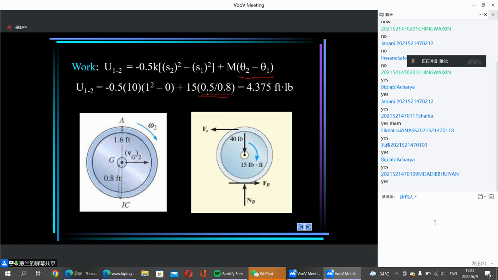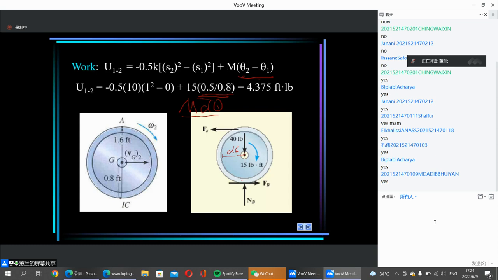I repeat, okay, here if we calculate the work by the moment, because the moment is constant, it will equal M d theta, moment times the angular displacement. We only know ds, the displacement of the mass center, and how to find d theta using ds?